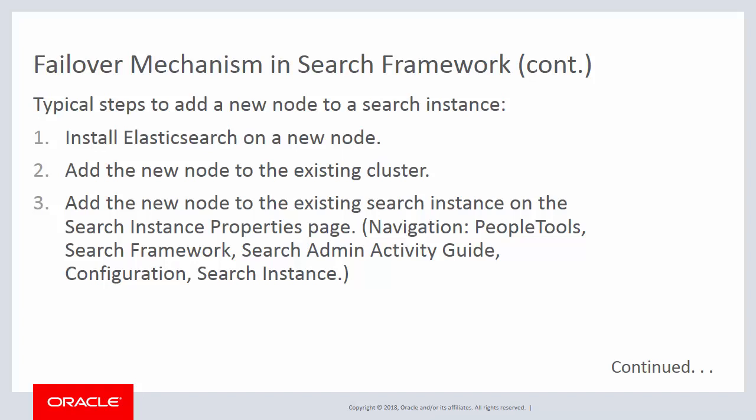On this page, in the Search Instance Properties grid, click the plus sign to add a new row and enter data in the fields for the new node. Save the page. It's a good idea to test the availability of the new node by using the ping option available on the page. In the event that a node fails, PeopleSoft Search Framework automatically points searches to an active node in the search instance.